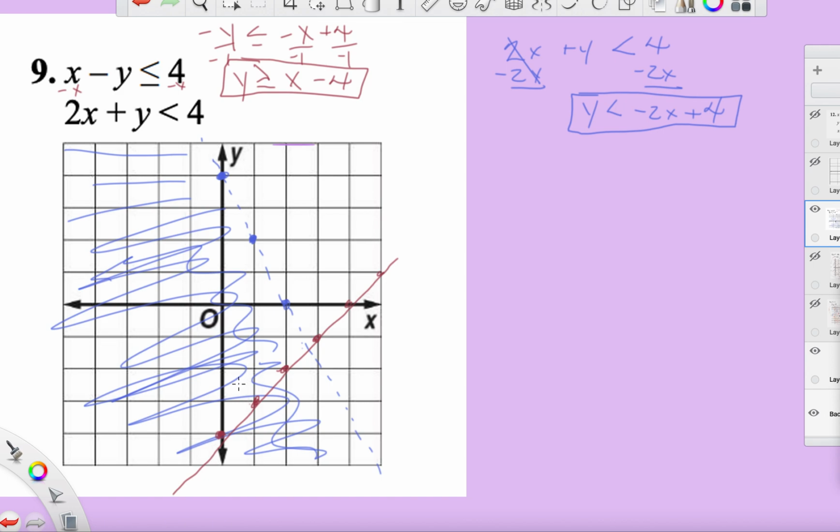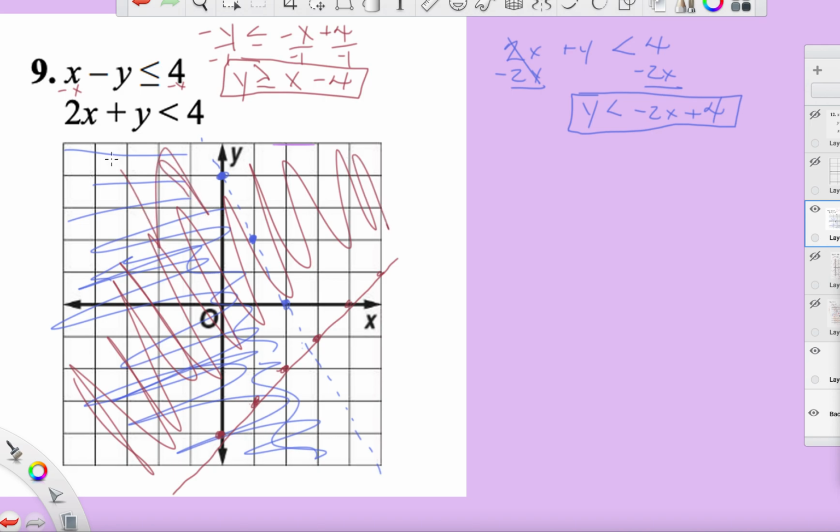Because we changed that inequality symbol, now we're shading everything above the line. And what is double shaded? This area in here is my solution to this system of inequalities.